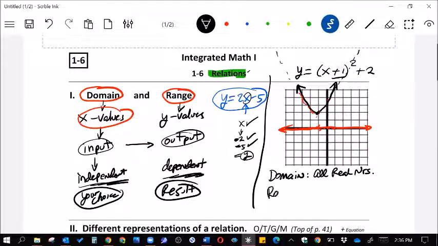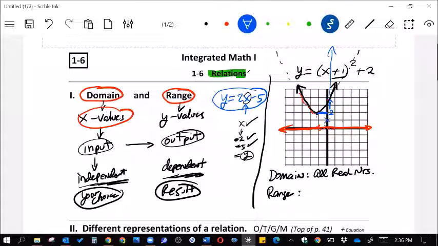For the range, we have a different thing. The range are the Y values. And for the Y values, notice that the first Y value is at 2, and then it goes up: 2.1, 2.2, 3, 5, 7, 85 million. It goes up and up and up forever. But none of these are being used.